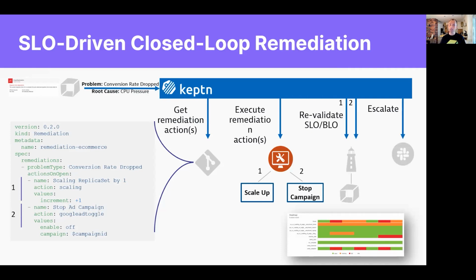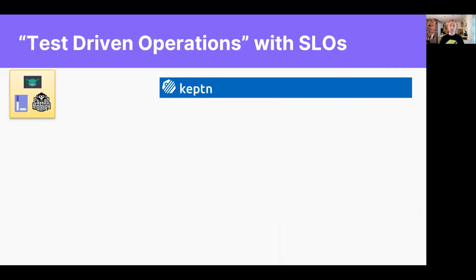I know this might be scary for some if you do this type of automation, like scaling up, stopping a campaign, doing whatever it takes in an automated way the first time in production. This is why I believe we should also advocate and think about test-driven operations with SLOs. What that means, now speaking to the chaos engineers out there, the performance engineers and architects, use chaos engineering in your pre-production environments.